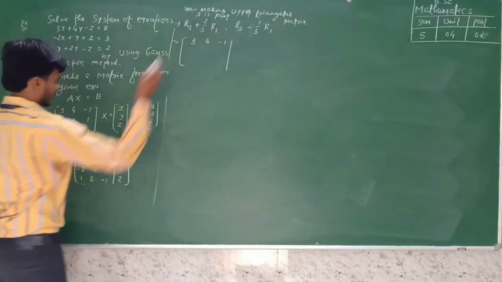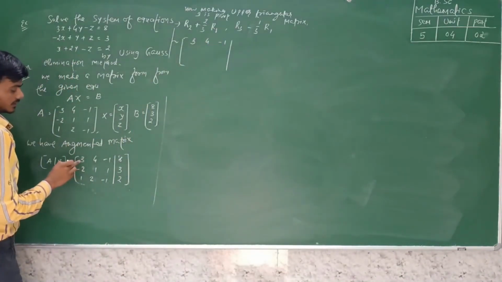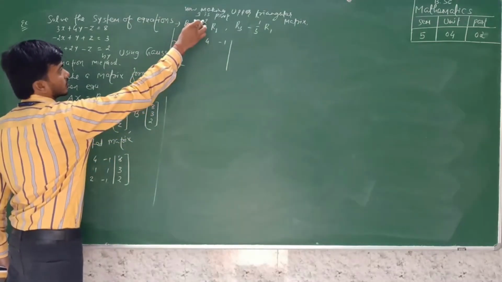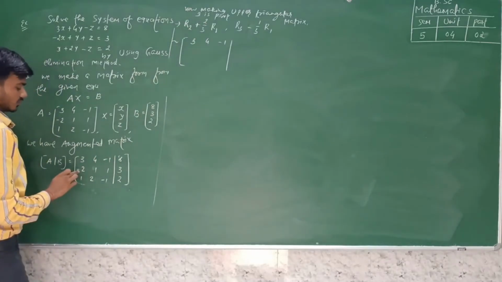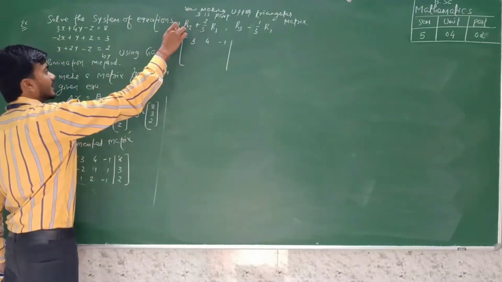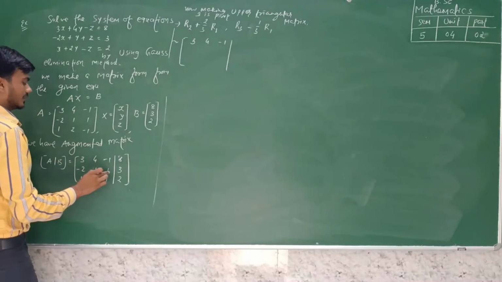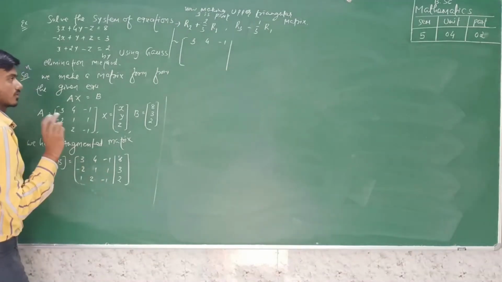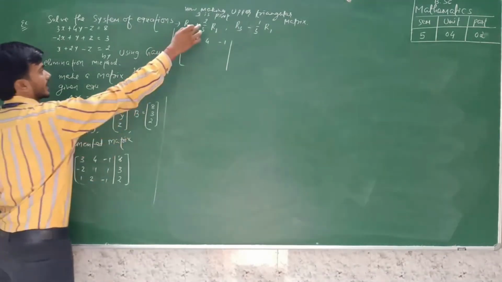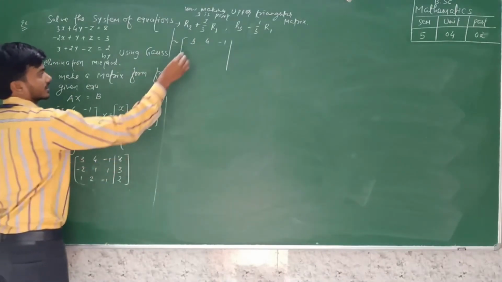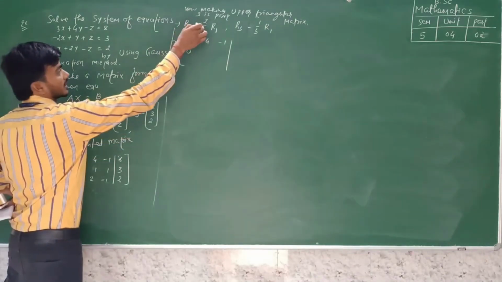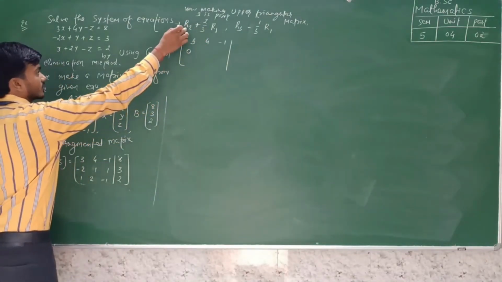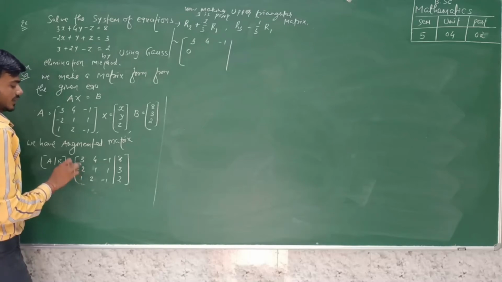So the first row is multiplied by 2 by 3. 3 into 2 by 3 is positive 2, and this value is added into the second row, so changes will be in the second row. Here minus 2 plus 2 is 0.